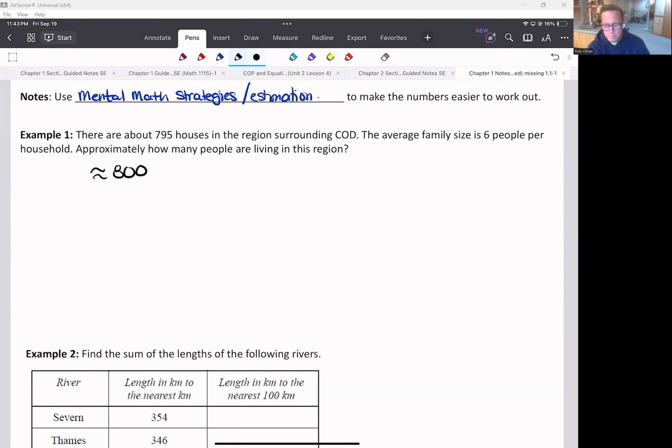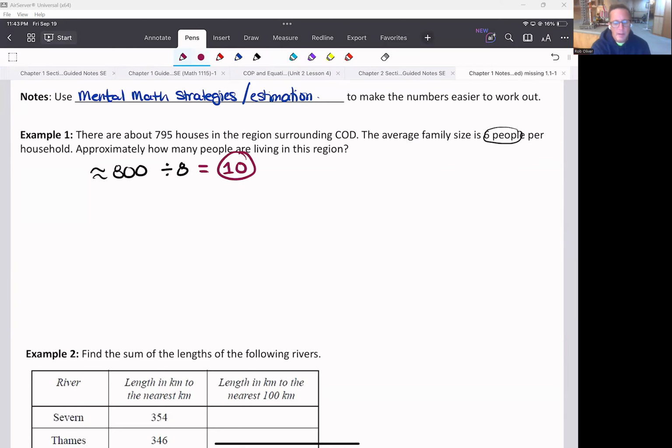About 800. 800 doesn't divide evenly by 6. That's the only problem. So we could estimate, well, 6 is not too far from 8. It's only 2 away. So we could divide by 8. Now this is a very imperfect way of doing it, but 800 divided by 8 is 10.